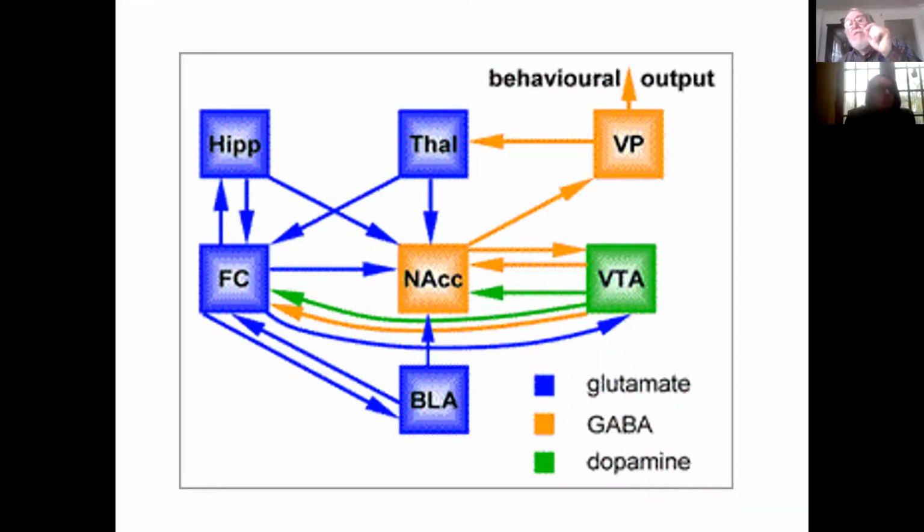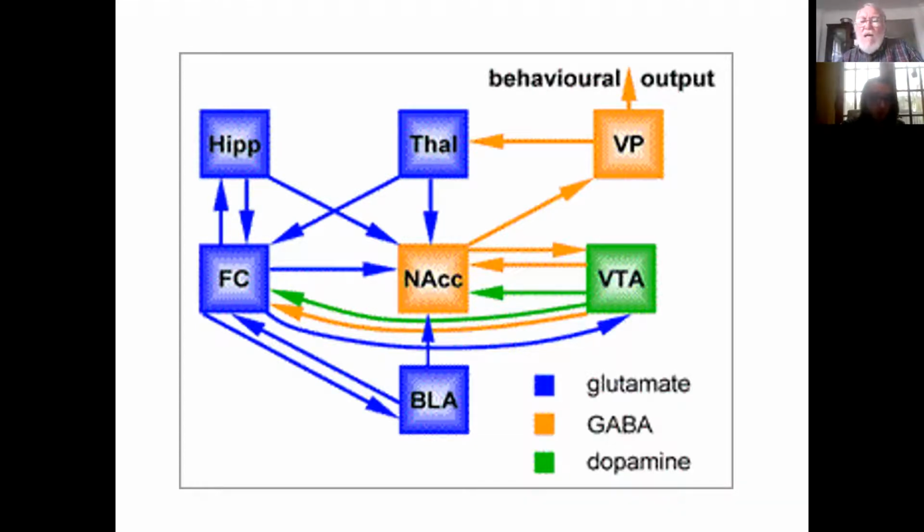But if you give the animal cocaine, the cocaine inhibits the dopamine transport reuptake mechanism. So what does that do? It puts more dopamine in the synapse for much longer periods of time.